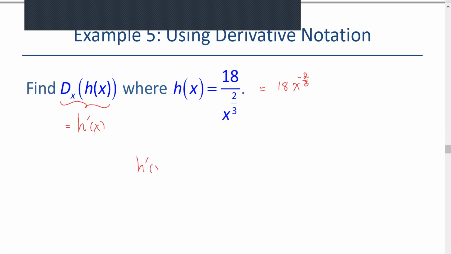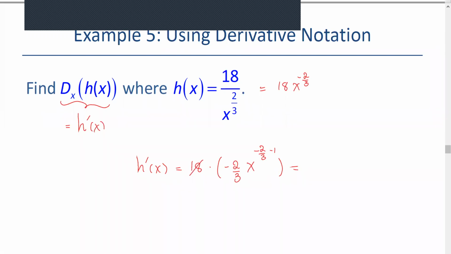Therefore, h prime x, after applying the power rule with the constant coefficient, is 18 multiplied by -2/3, x to the power -2/3 minus 1. Simplify the numbers.